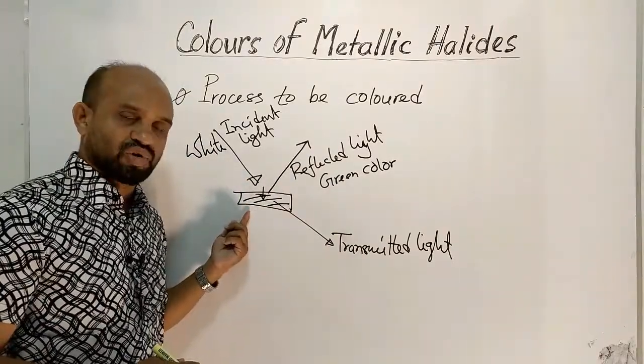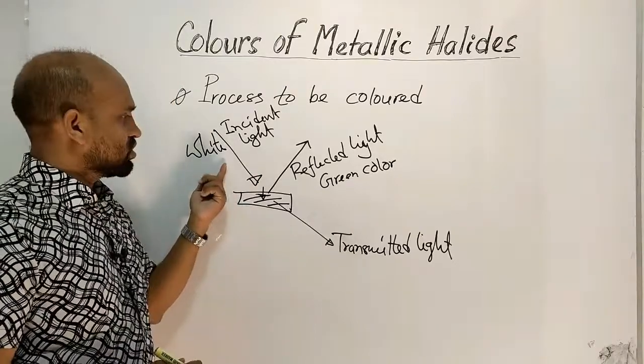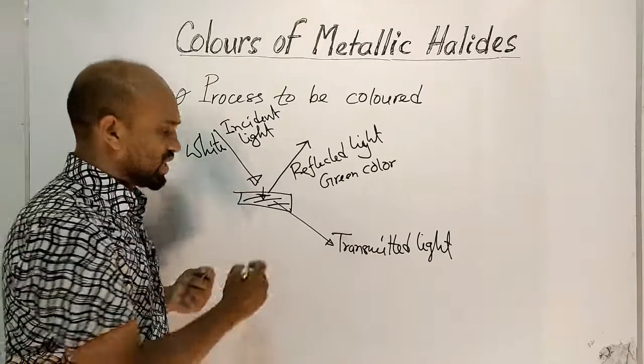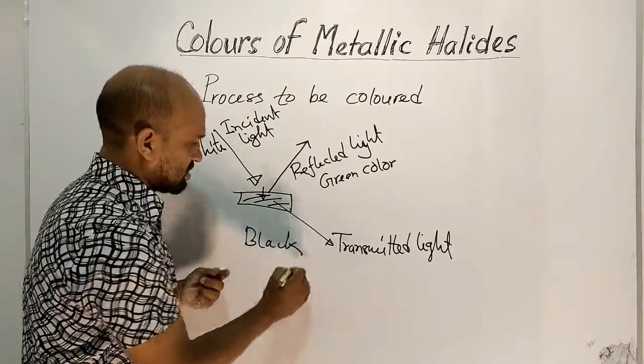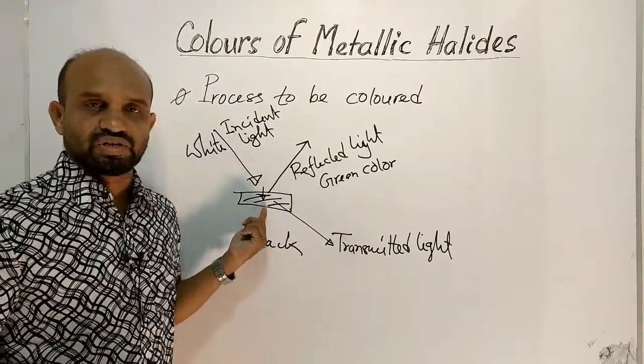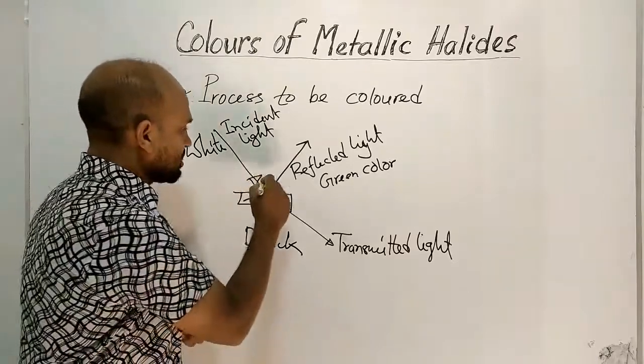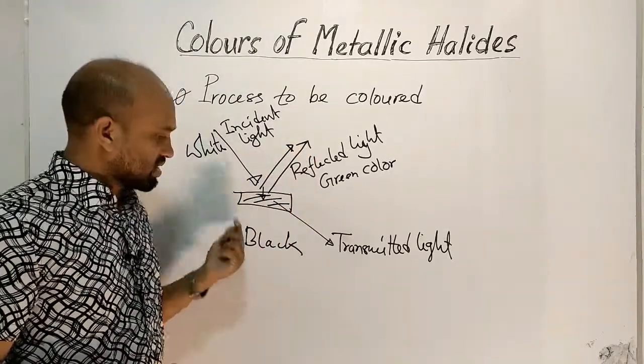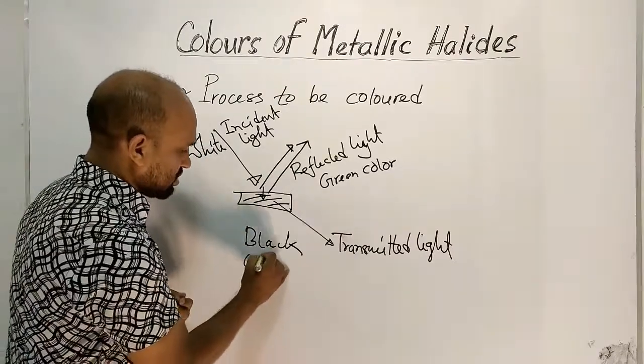If this body absorbs all the regions of visible light, then it will be black. Or if it reflects all the incident light, then the body will be white.